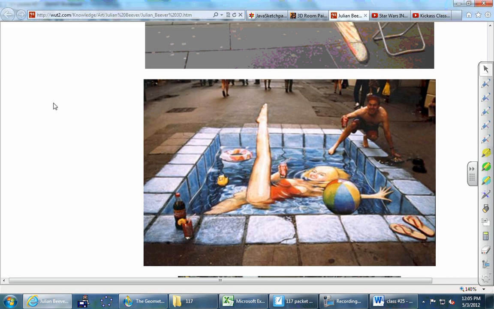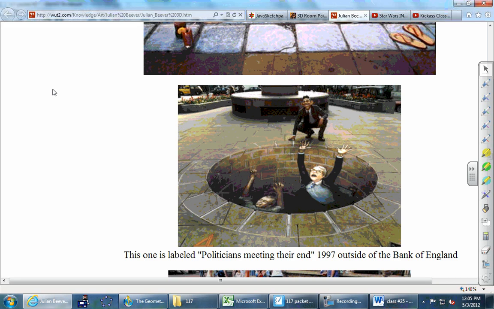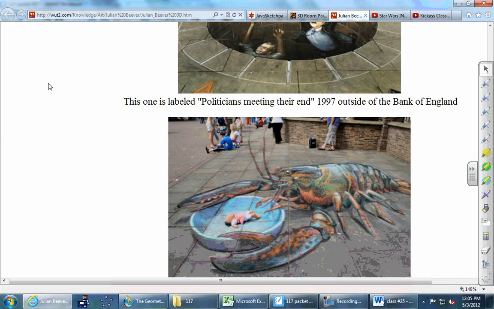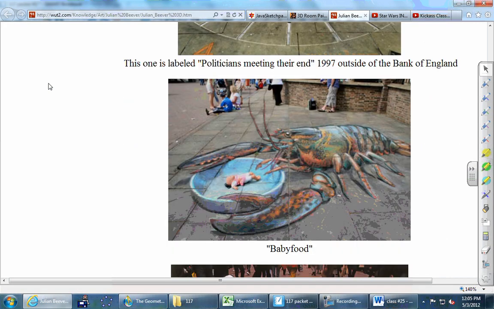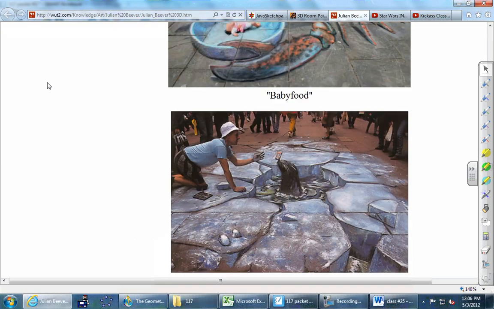It looks like most of them are taken from right on the sidewalk. Yeah. All right, that's what he thinks about politicians. That's just wrong. All right, that one's kind of cute.